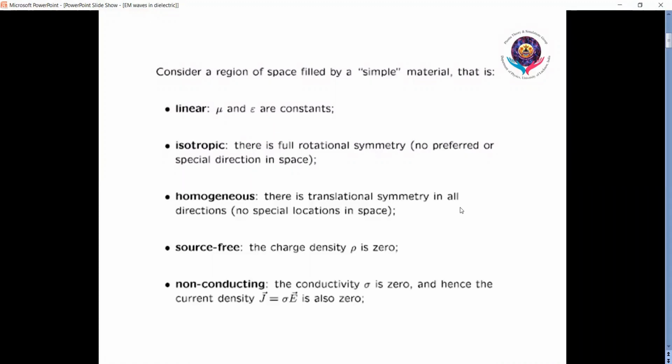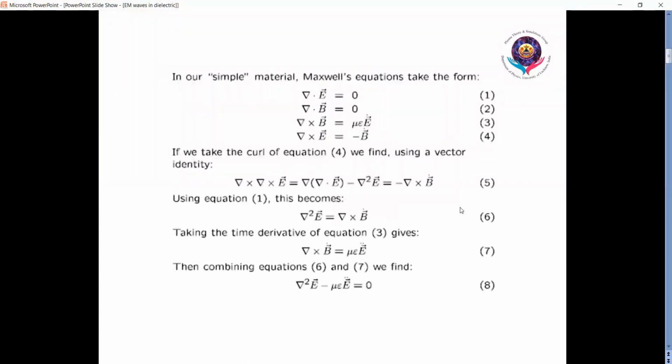The medium is isotropic. That is, there is a symmetry in the medium in all the directions. It is perfectly homogeneous. There is translational symmetry in all directions. The medium is source free. That means the charge density is zero. The medium is non-conducting. That means the current density is zero. So these are the assumptions that we make for our dielectric medium.